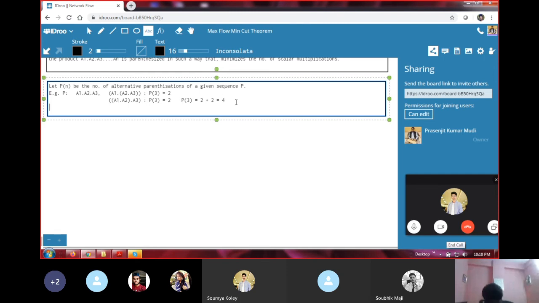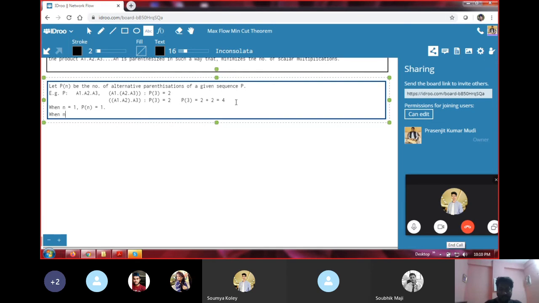Now see, when n is equal to 1, Pn is equal to 1. That is very clear, because we have only a single matrix and that requires just one parenthesization. So we initialize Pn equal to 1 for n equal to 1.